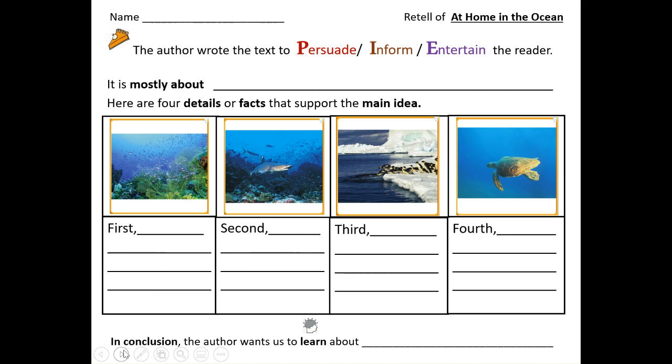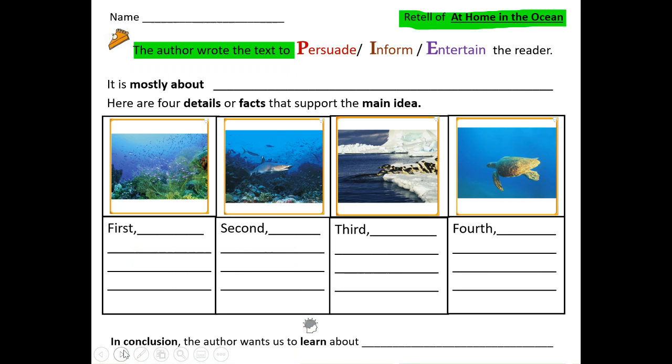All right, now we're going to orally retell the main idea and important details about At Home in the Ocean. So first we're going to talk about the author's purpose.